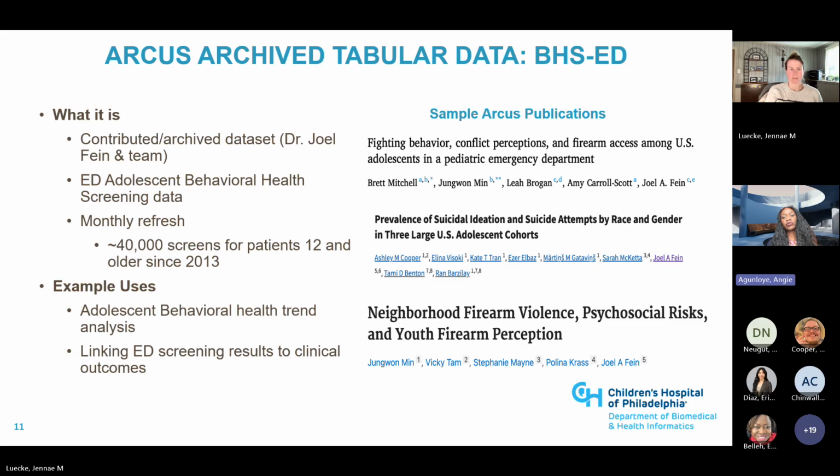Some example usage: some researchers have used this data set to examine behavioral health trends over time and link ED screening results with downstream clinical outcomes. It does support broader adolescent behavioral health research efforts.